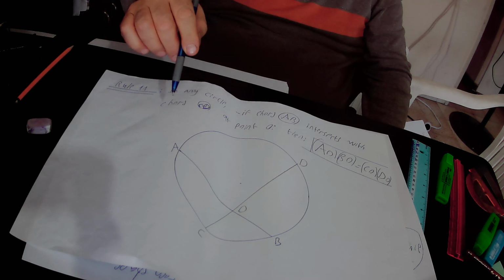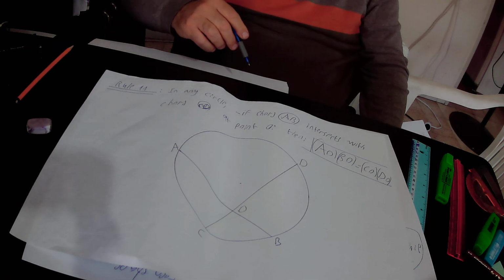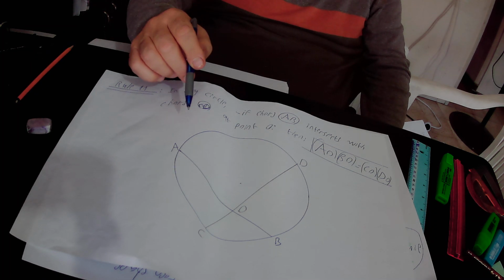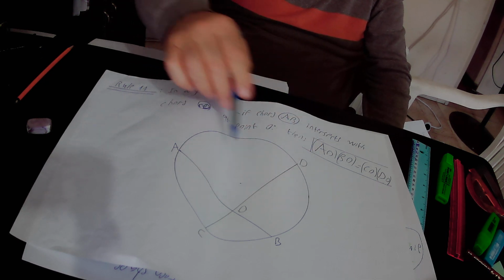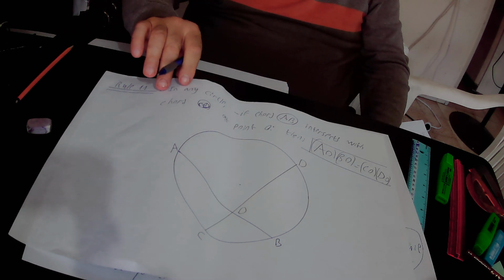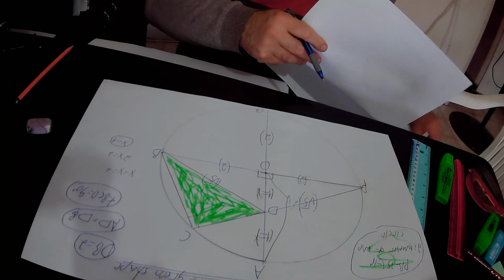Again, chord AB intersects with chord CD at point O. And therefore, the following equation will be true, that AO times OB equals CO times OD. We can actually implement rule 11 in our drawing.